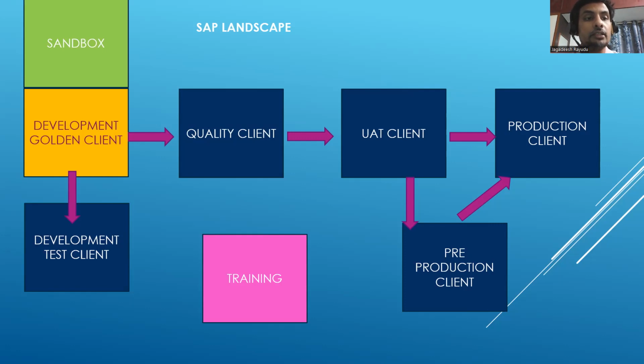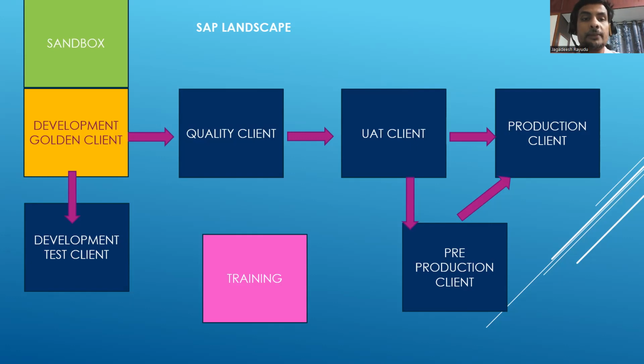So it's very important that whenever we want to do unit testing, we do it in the development test client, not the development golden client. Generally it won't be allowed unless it is quite an old project. Even in older projects, you will have a minimum of two clients for your customer, because no one is going to experiment with this.